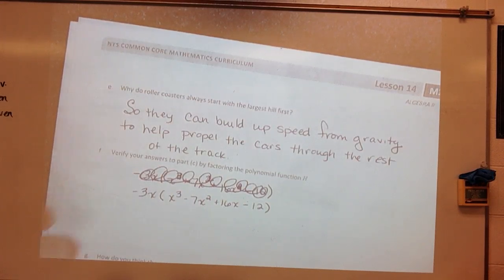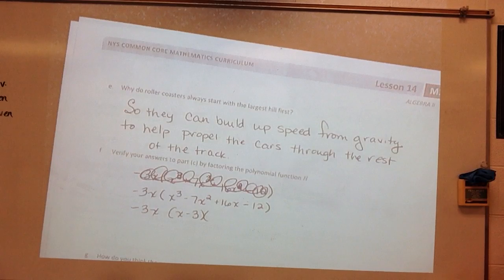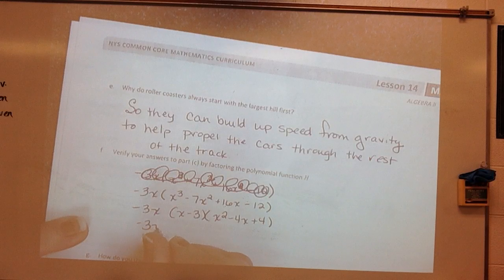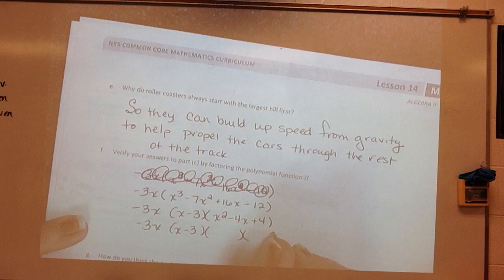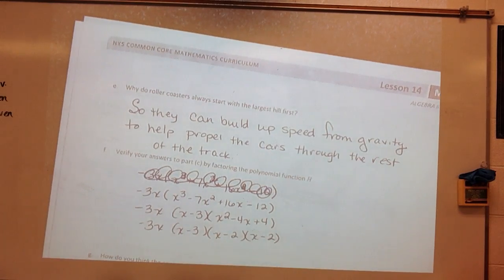Alright, so then I can look at my graph and see that x minus 3 is a factor. And when I do long division, this is what I end up with. And I can factor that into x minus 2, x minus 2. Alright?